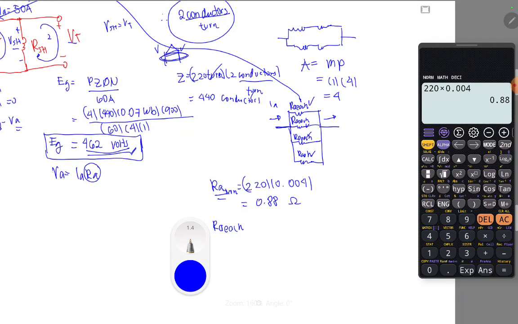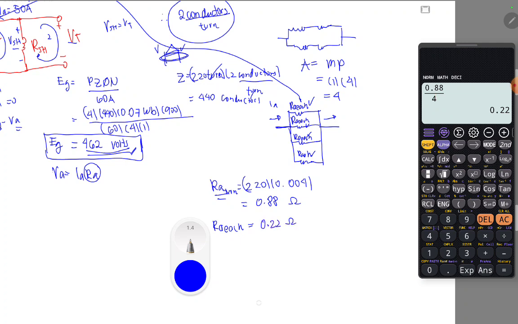So we divide it by 4 because the 0.88 is the total resistance used in the winding of the armature conductors. Okay, so from here we have 0.88 divided by 4, which is 0.22 ohm.